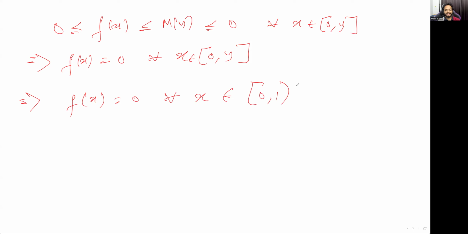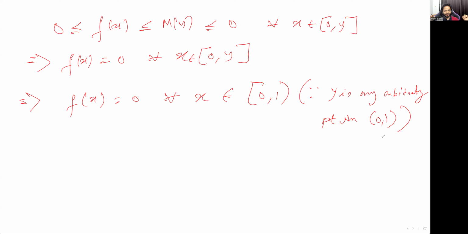Why? Because y is any arbitrary point in open 0, 1. Okay. And so we are done: from closed 0 to open 1, the function we have proved to be 0.